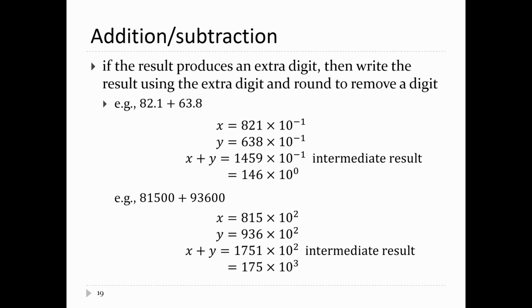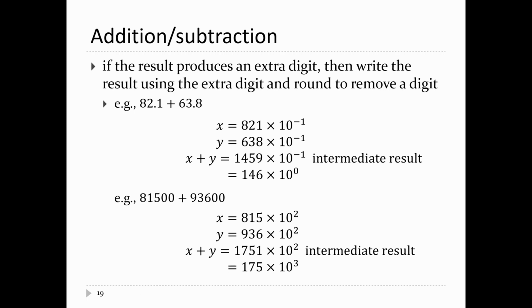If I add 50 and 50, I end up with 100, a third digit. So here, if I add 82.1 and 63.8, when I apply all the rules, I end up with 1,459 times 10 to the minus 1. But that has 4 digits in it, and my floating point representation only has 3 in the significand. So I have to do something here.